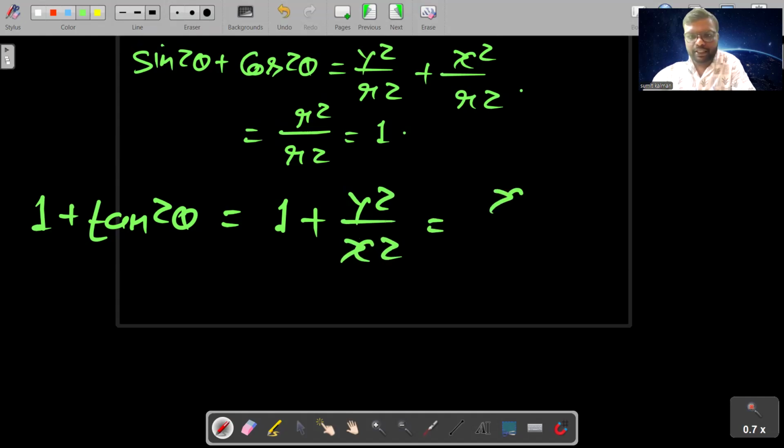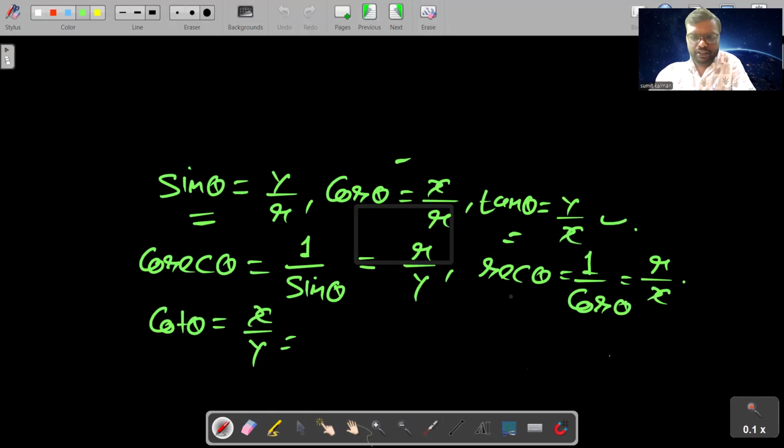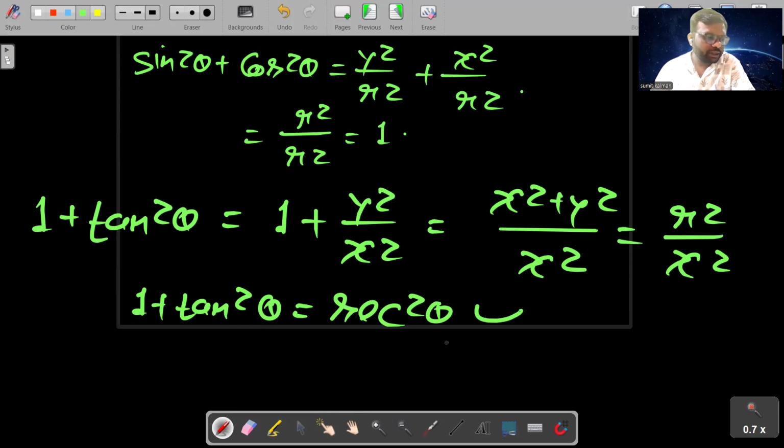Students, it will become x square plus y square upon x square. And students, this x square plus y square will become r square by Pythagoras theorem, so r square upon x square. Students, if you will see, sec theta is r by x. So here 1 plus tan square theta will be equal to sec square theta. So we have calculated this trigonometric identity.